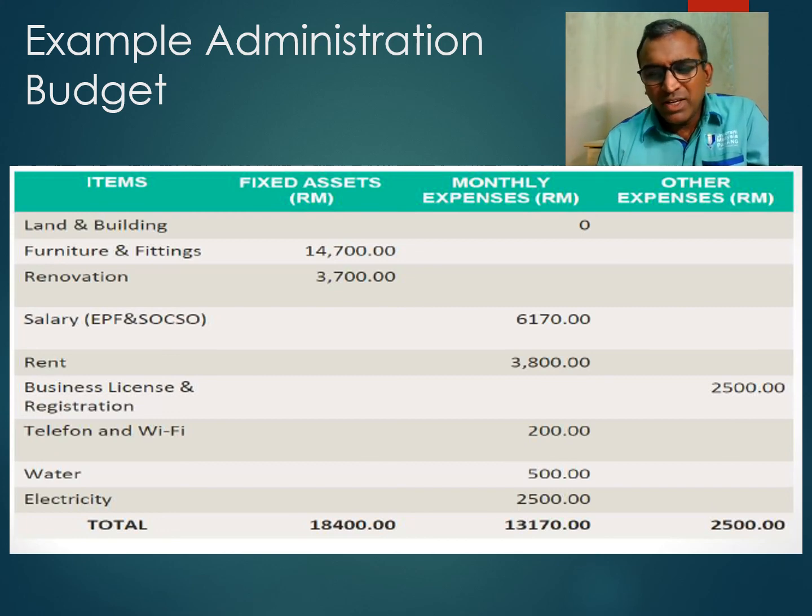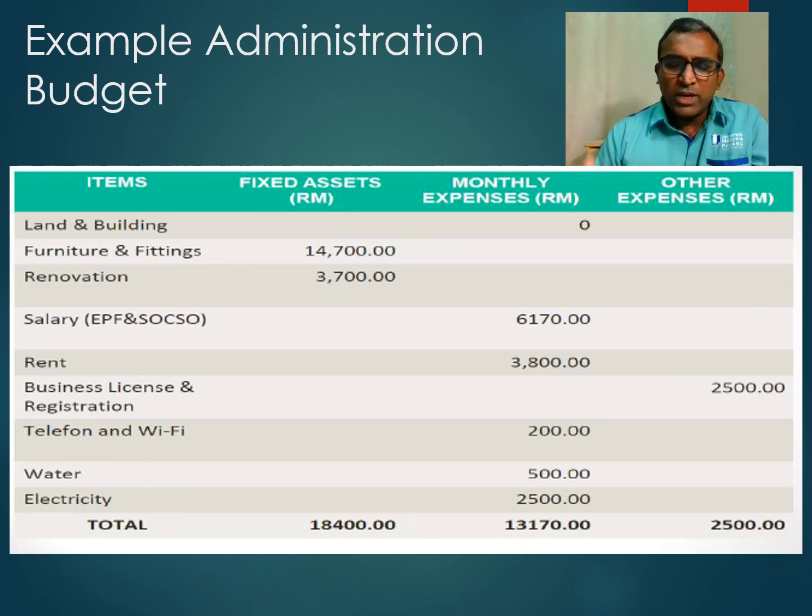But once that is done, the following month only comes to 13,170. And the biggest sums to consider are actually salary and rent. So ensure you have that money for months to come until you self-sustain or get other loan or equity in place.